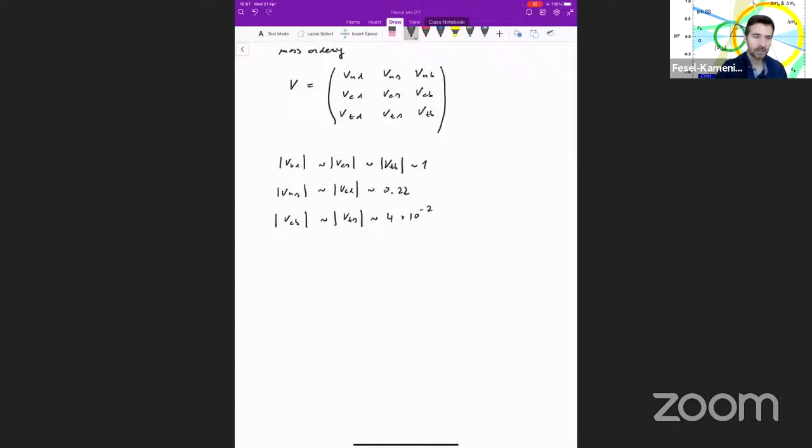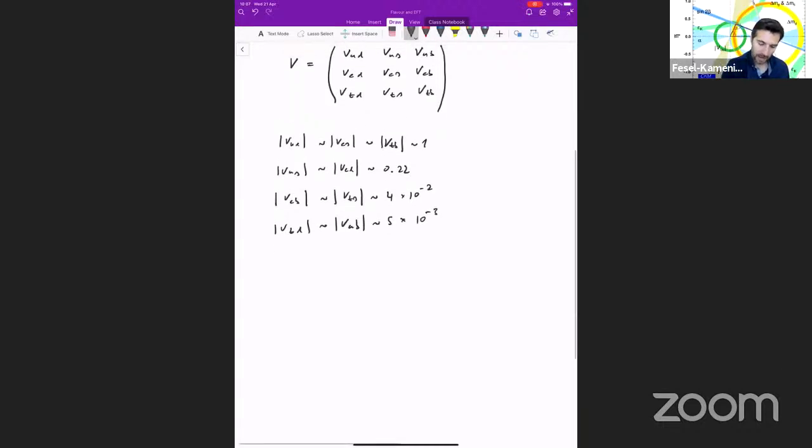And finally, the most off-diagonal elements, VTD and VUB, are an order of magnitude smaller, approximately 5 times 10 to the minus 3.